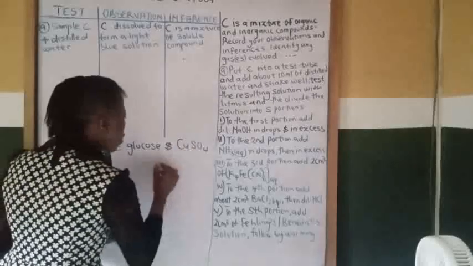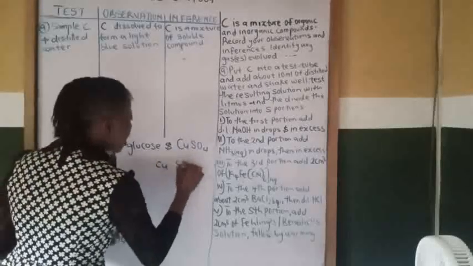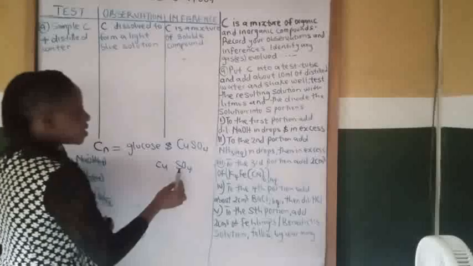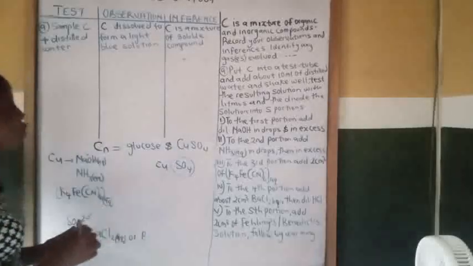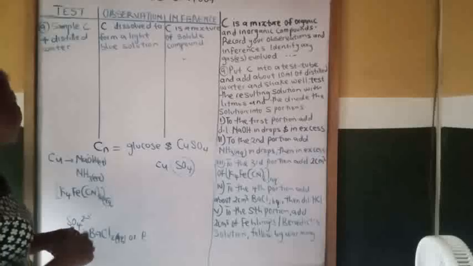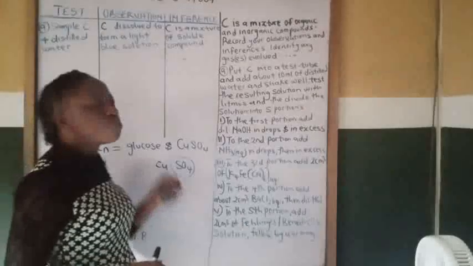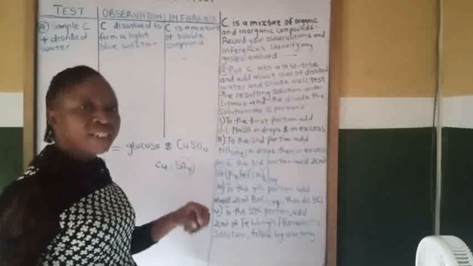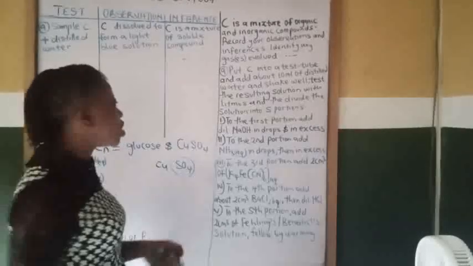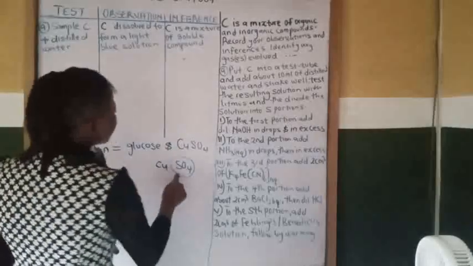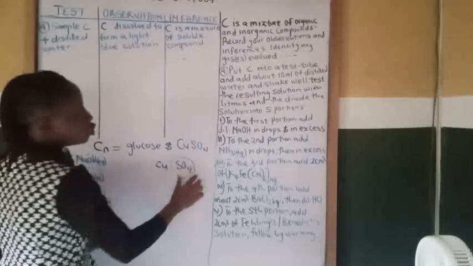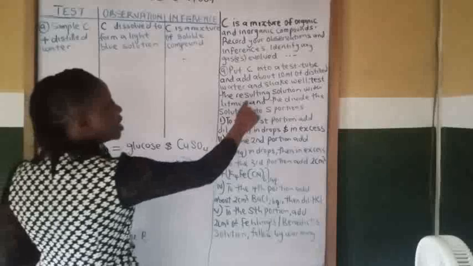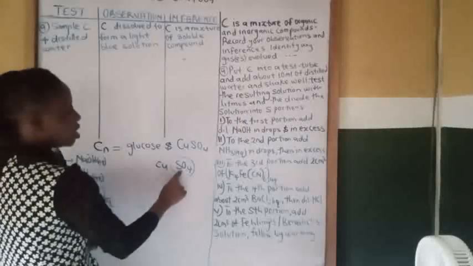But we have copper here, and at the same time we have sulfate, that's SO4. SO4 is acidic. Then an acidic solution will turn blue litmus paper to red. Acid turns blue litmus paper to red. So it shows that our solution consists of SO4, an acidic solution.